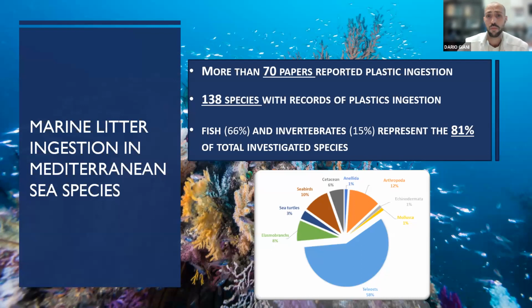In particular, more than 60 papers reported microplastic ingestion, and fish and invertebrate species represent more than 80% of the total investigated species, as we can see in the graph.